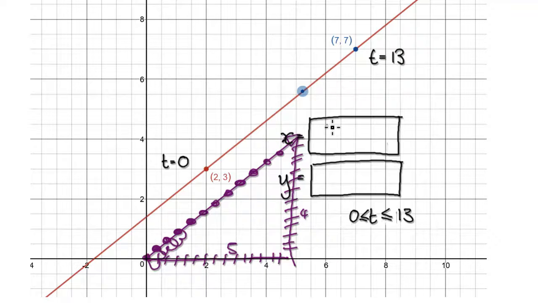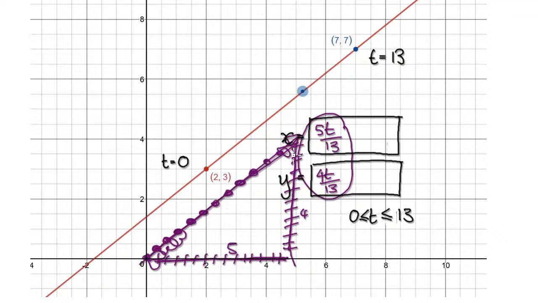So you get your t cut up into 13 equal pieces, but then you want it to move across by 5, so put a 5 here, and up by 4. This also describes the line in this direction.